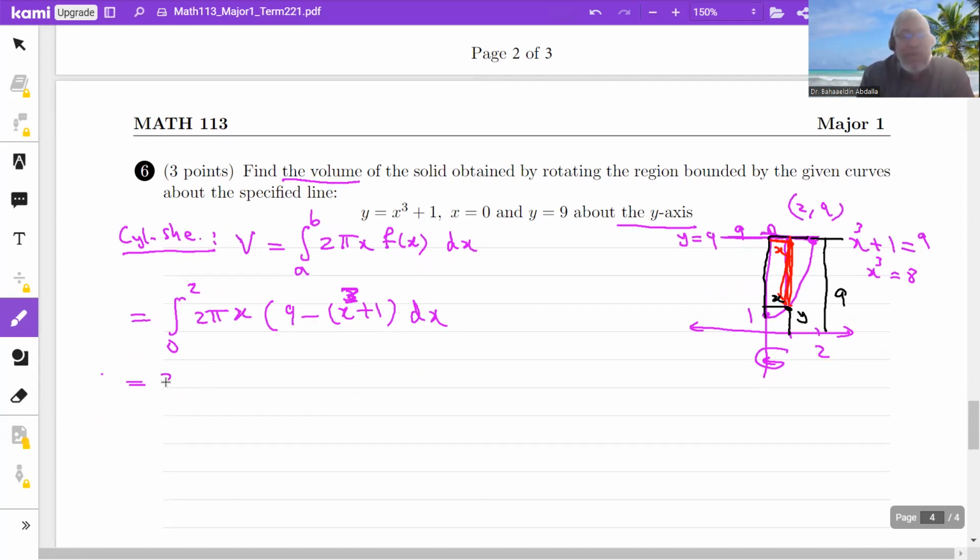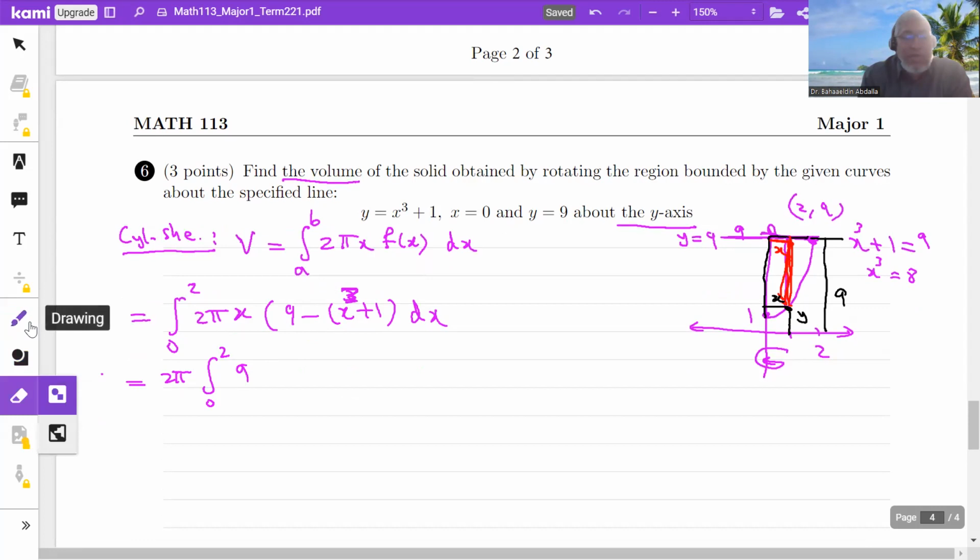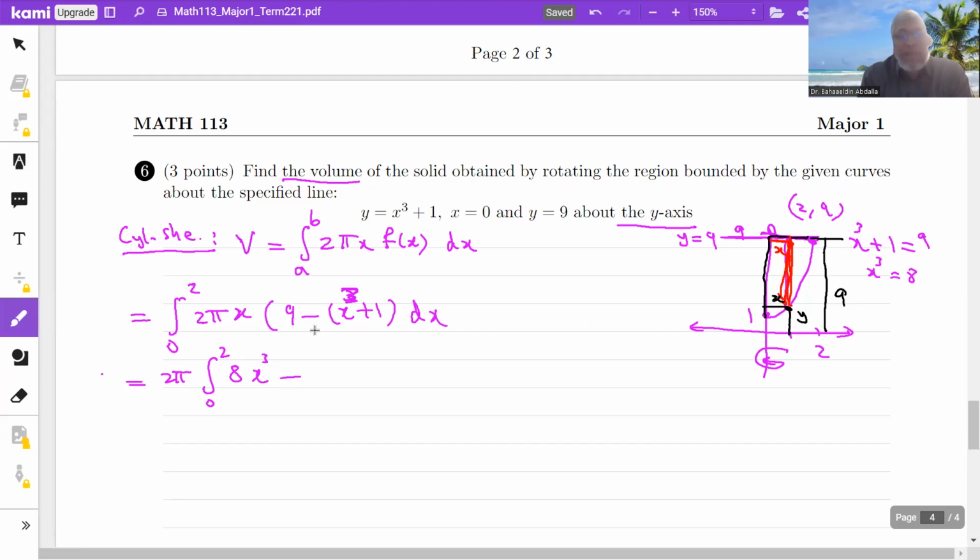You can take 2 pi out. Now distribute x: this is 8 minus x cubed, and I'm multiplying it by x. So I'll have 8x minus x to the power 4 dx.